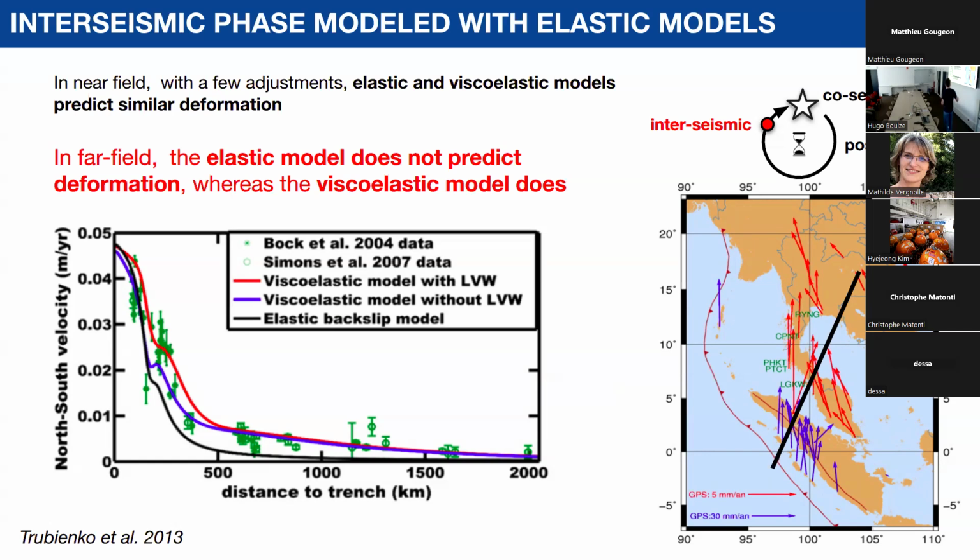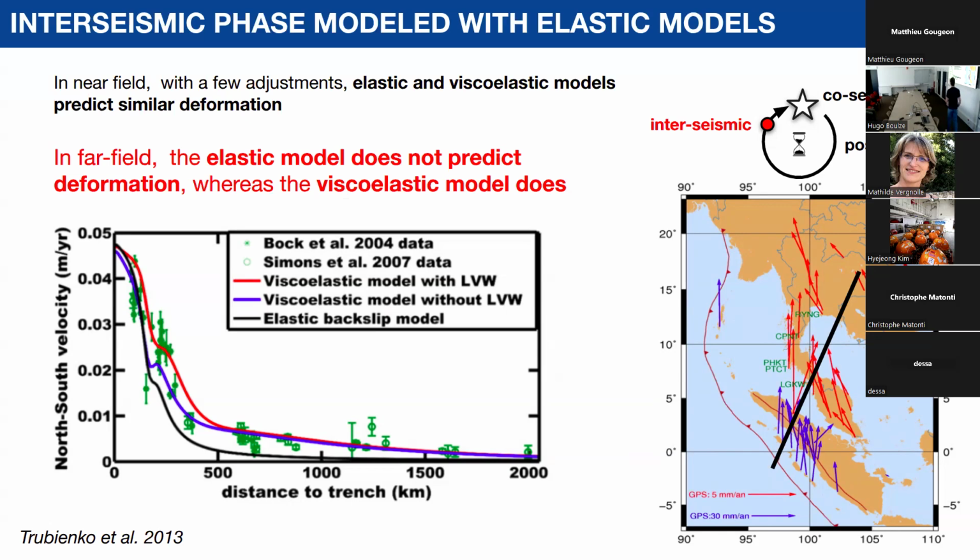And in black you have the model from an elastic rheology, and in blue and red from viscoelastic rheology. And we clearly see that there is a good agreement in the near field between the two models, viscoelastic and elastic. But when it comes to the far field, the elastic model does not predict any more deformation, whereas the viscoelastic model does.